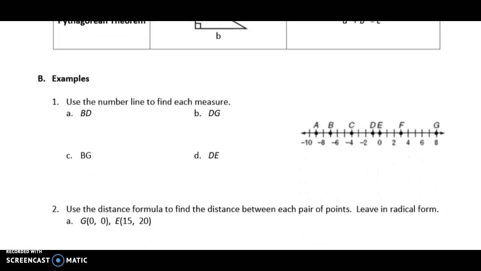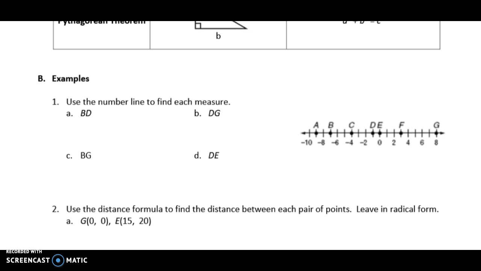Moving to part B for these examples, we can use our number line to find the measure of each of these segments. Because it's a number line, it's horizontal, so you can just count, or you can set it up to do that math problem. But since it's horizontal, we will just count.